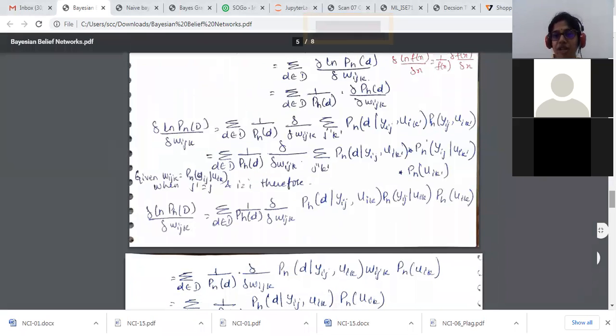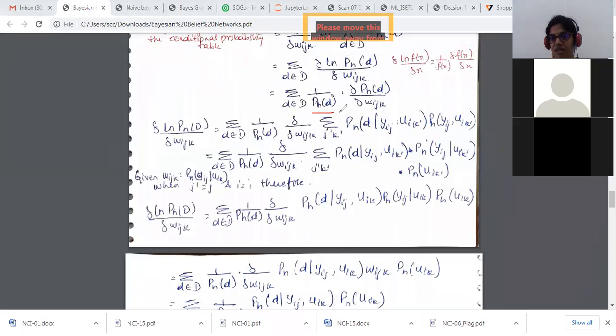Then we start differentiating these partial derivatives. I'm applying the partial derivative of this. We already know from above, the partial derivative of this we are writing with respect to d, yij with respect to uik.